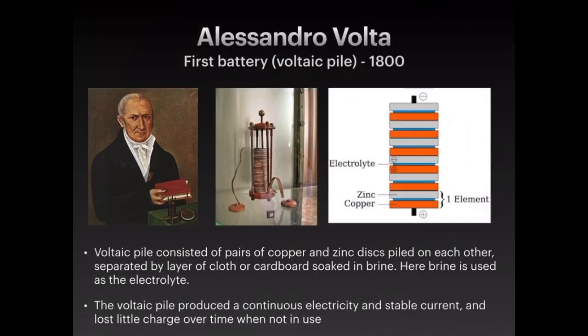Piles of two different metals dipped in brine solution, a paper or a cloth which is dipped in brine solution, which acted as an electrolyte. And he found that electricity is produced. The voltaic pile produced a continuous electricity and stable current and lost little charge over time when not in use.